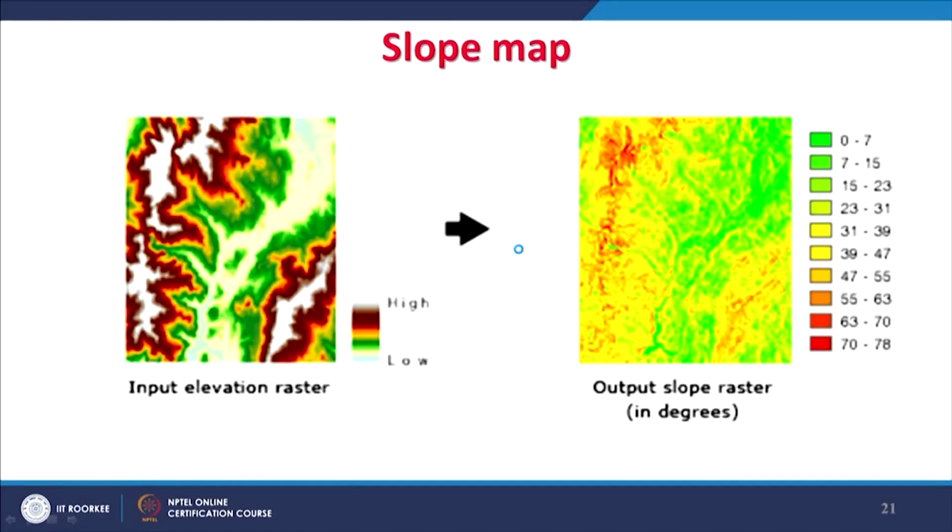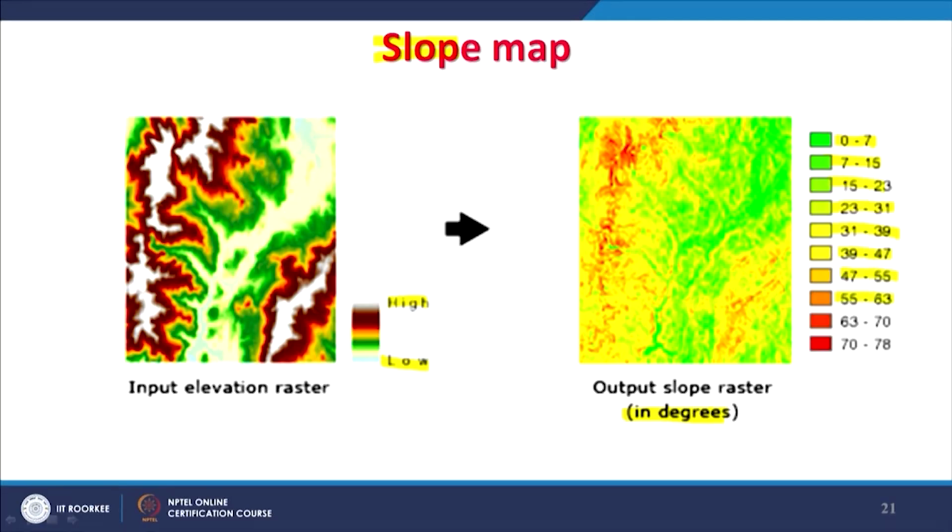Example here: this is the input digital elevation model. As you can see, the values go from low to high, and when we go for slope map calculation using neighborhood operation functions, specifically the topographic functions, we get a slope, and here the slopes are shown in degrees.